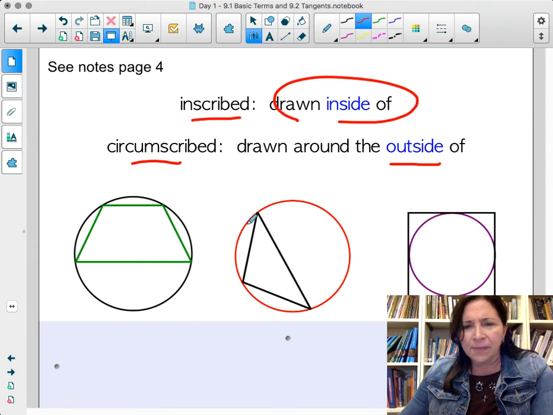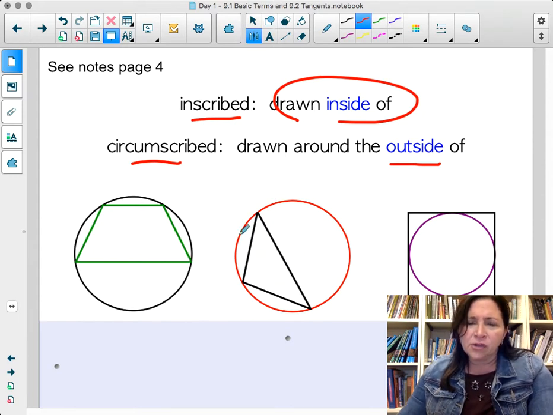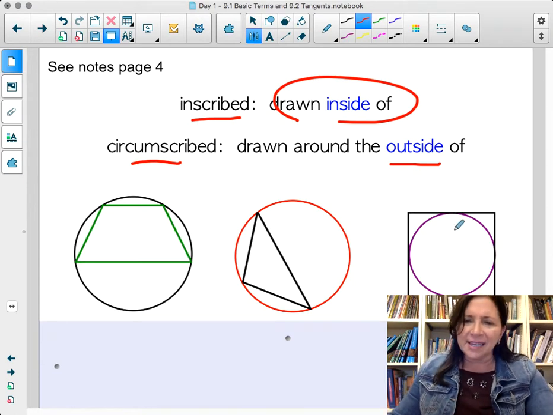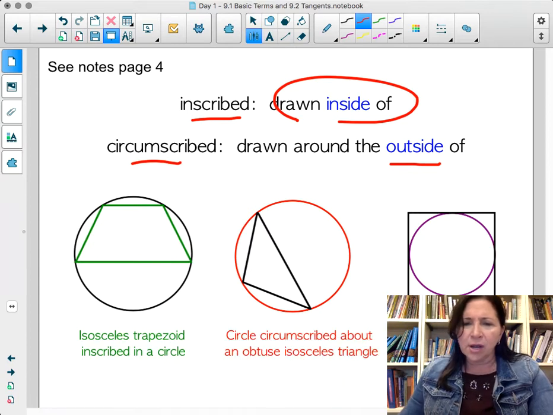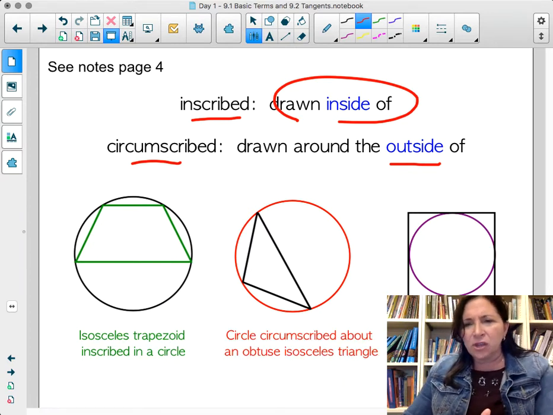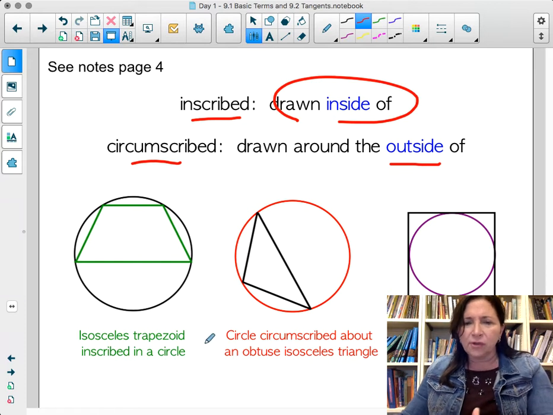So another thing I can say is that the circle is circumscribed about the triangle, or you can say the triangle is inscribed within the circle. And thus you would say the square is circumscribed about the circle, or you can say the circle is inscribed within the square. So you have different things that you can say. There are two ways you can say each one of these.